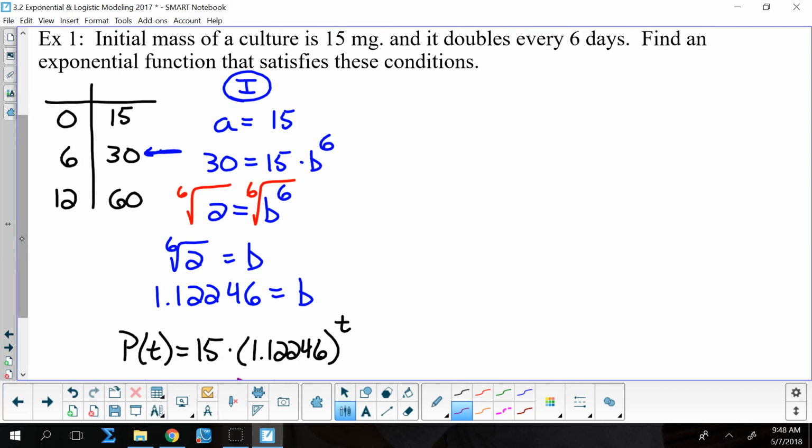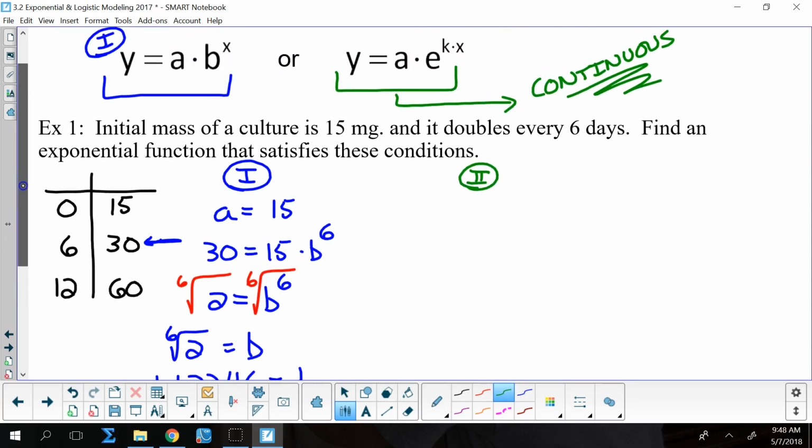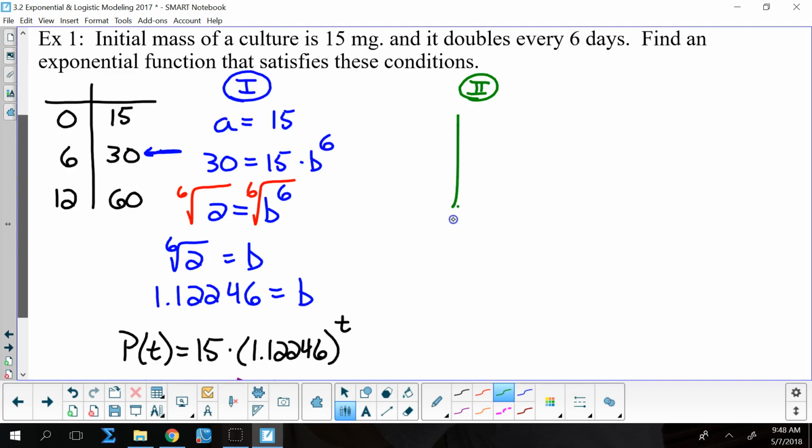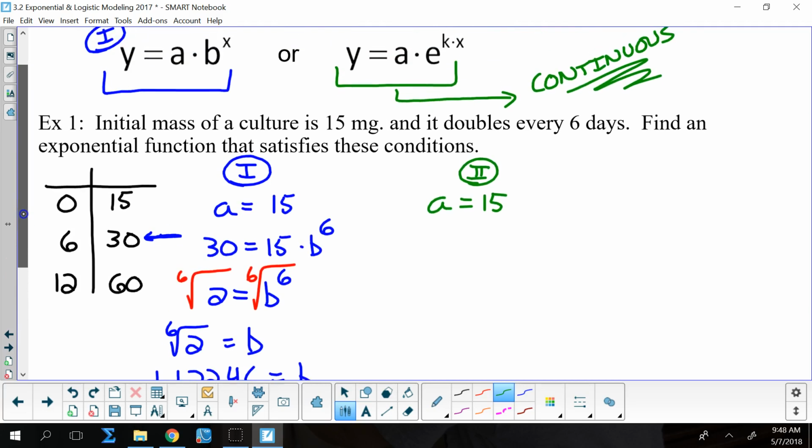The second way of doing this particular problem is using our continuous growth formula. So again, my initial value is 15. It's what I started with.